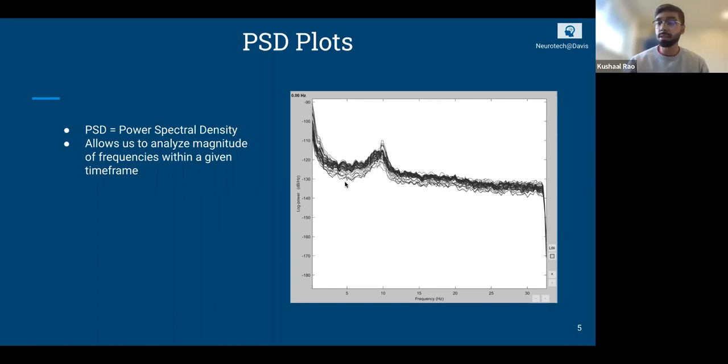So let's say we have something like this, but we don't want that particular frequency range. Or better yet, let's say we are trying to make a brain-computer interface that can control a mouse cursor for you, just by thinking about whether you want to move up and down, left or right. For that particular task, you're looking at motor imagery, right?